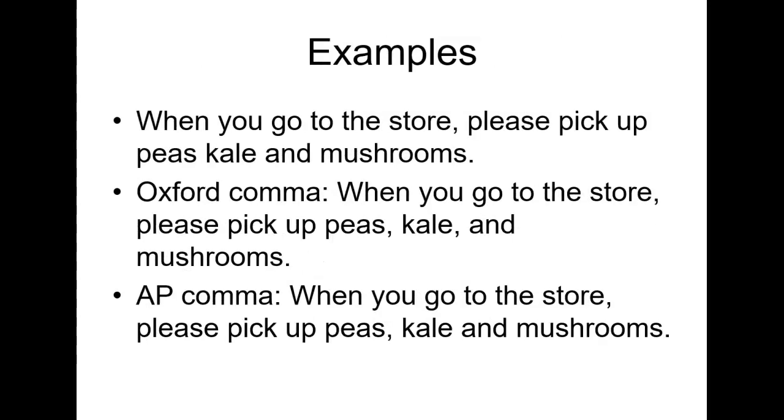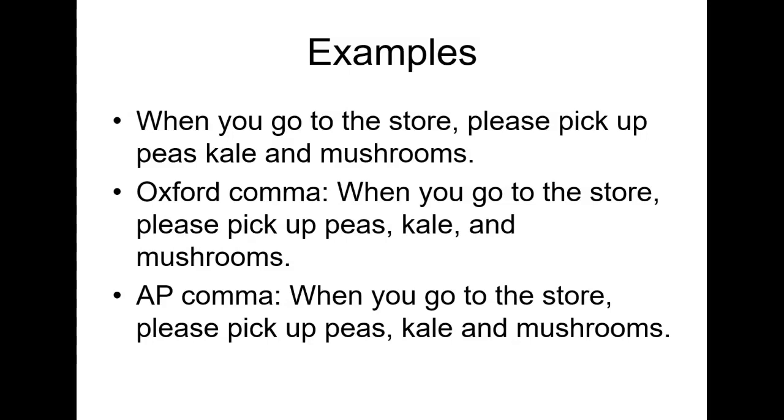So if you need to see that in an example, because this will help it to make more sense, let me show you this. So our sentence is this first one here. When you go to the store, please pick up peas, kale, and mushrooms. Now the Oxford comma manages this sentence by adding in two commas. When you go to the store, please pick up peas, comma, kale, comma, and mushrooms.